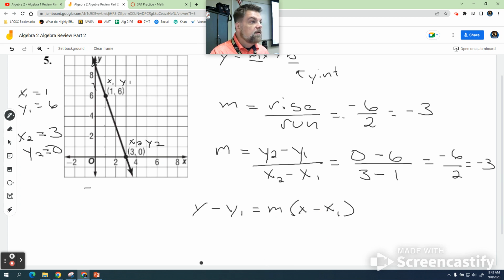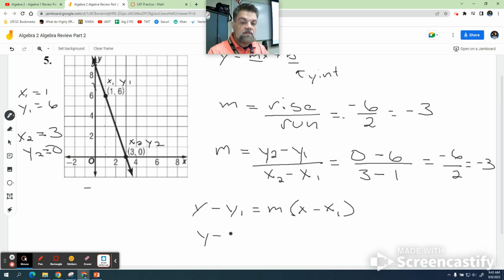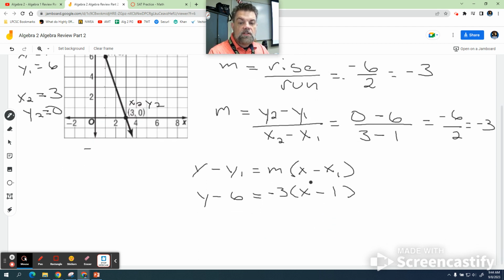Okay? All right. So now this is easy. I'm just going to plug in the values that I have listed. So y minus y sub 1, we said that y sub 1 was 6. And we calculated that the slope is -3 times the quantity x minus x sub 1, which is 1. So far, so good. So I have to distribute the -3 through the parentheses. -3 times x is -3x.